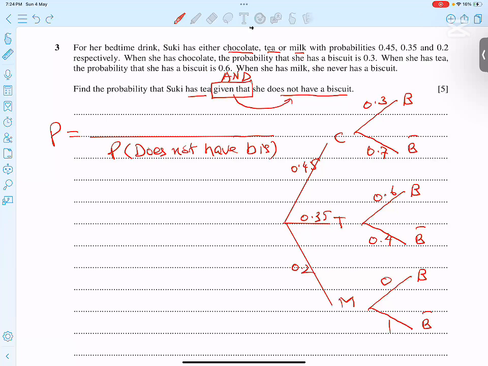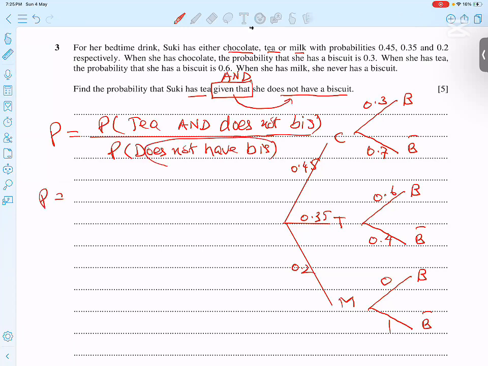Repeat my words: she has a tea. So the probability of tea and does not have biscuits. I think the point is very clear, and easy now to do.